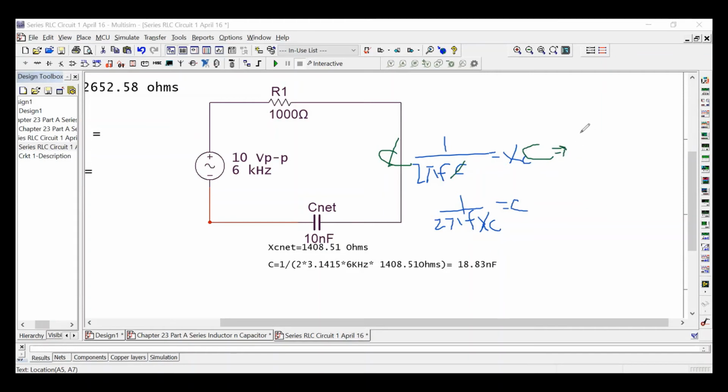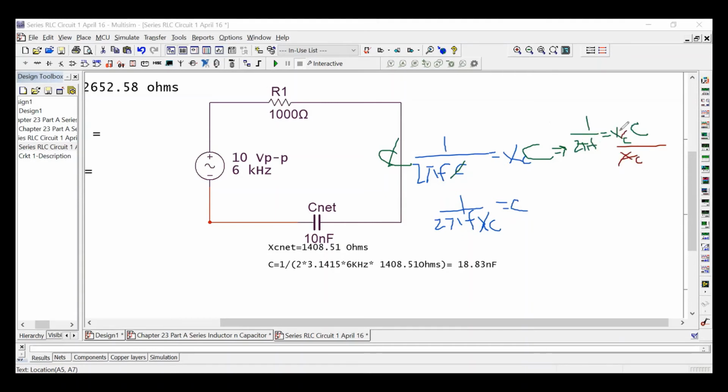Now what I have here is 1 over 2 pi F is equal to X sub C times C. Well, I want to get rid of C on this side, so I'm going to divide by X sub C on this side, which cancels out over here.